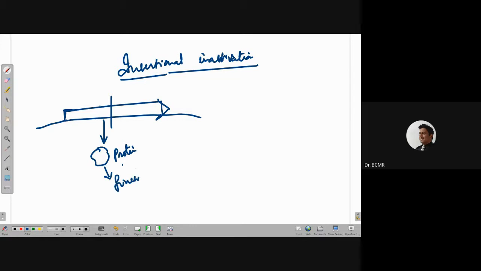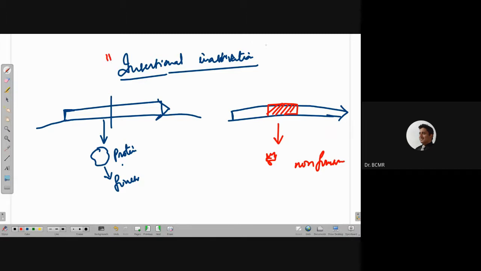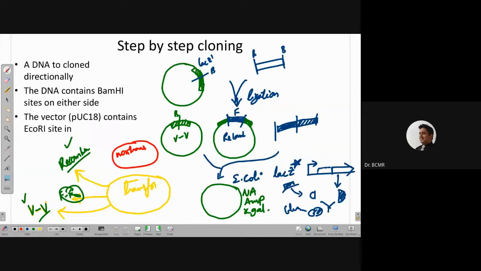But if we have inserted some other genetic elements into it, now the protein may not be produced, or a protein may be produced that is non-functional. So by insertion, we are inactivating the function of this gene. That is called insertional inactivation.